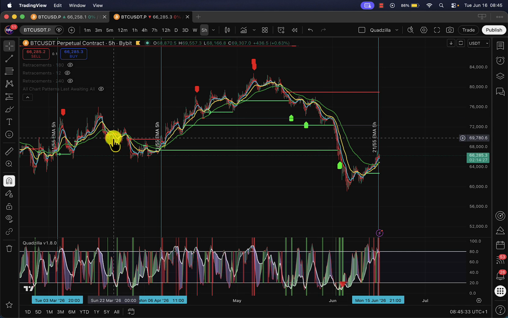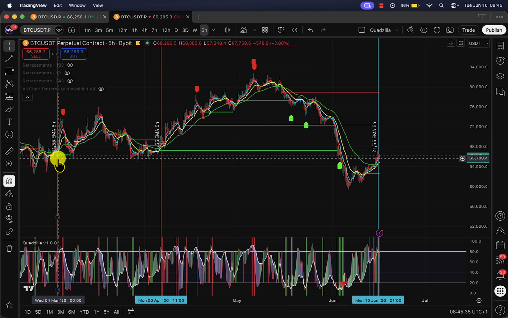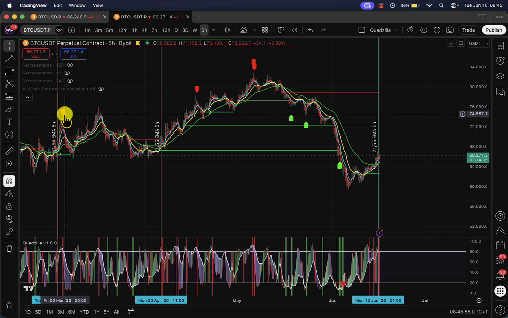So I'm looking at something like what happened here in March, and the price went up quite a lot. We got the red bar here on the momentum oscillator, and then as the momentum started to curl down, we got the super down signal there.